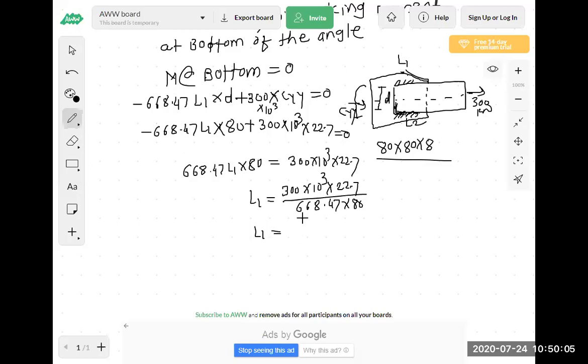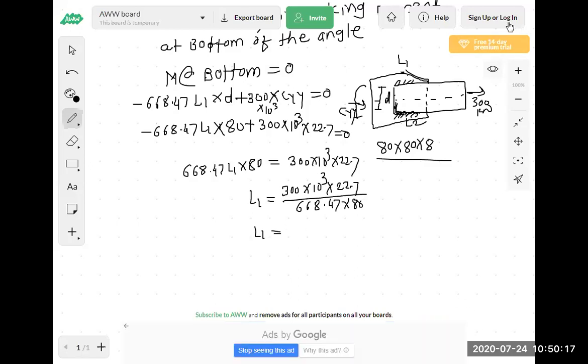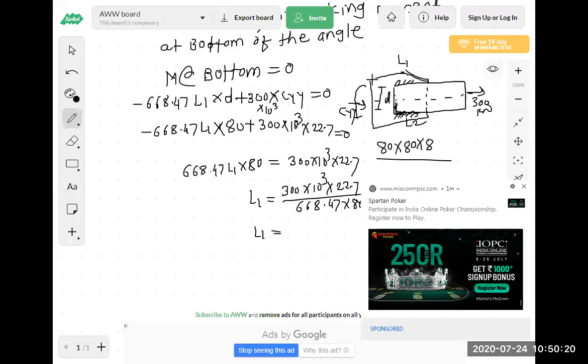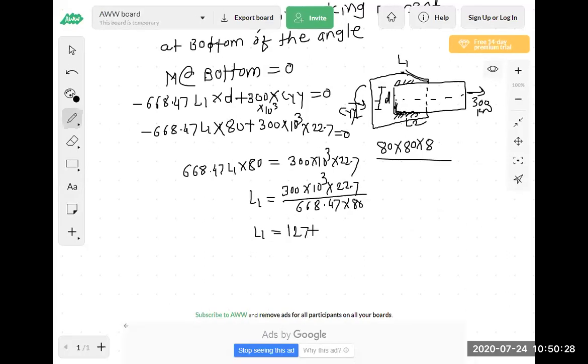How much? 127.34. 127.34 mm. So we have to round up this value.